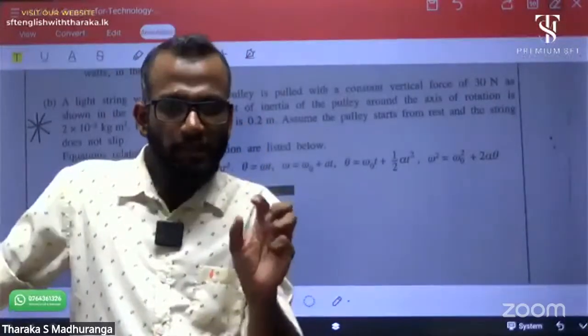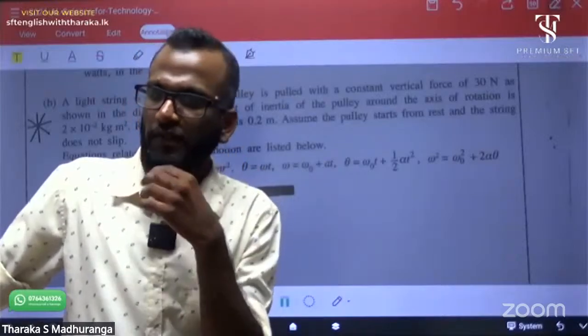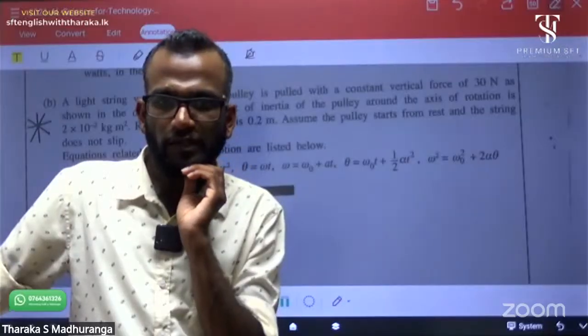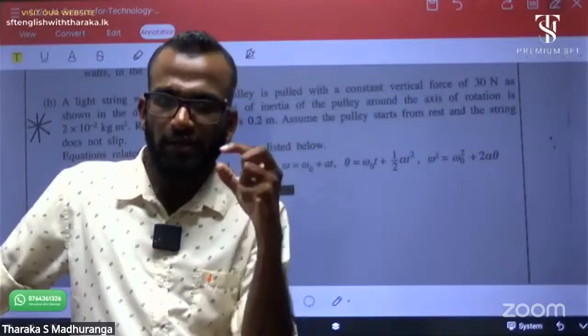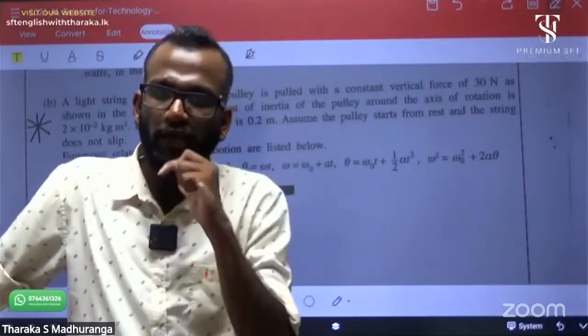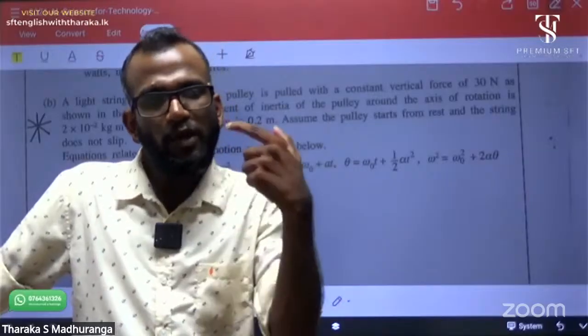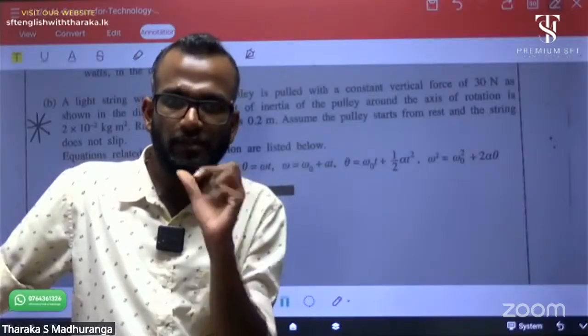In our paper there are no paragraph questions. Within a maximum of 3 lines, you can explain all the important points. If not, you can't get marks. That means you have to answer to the point.